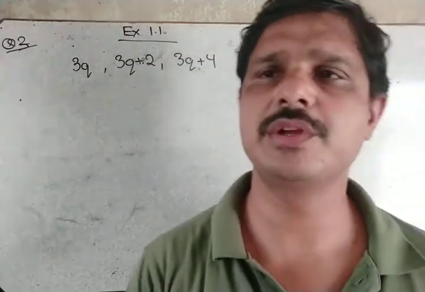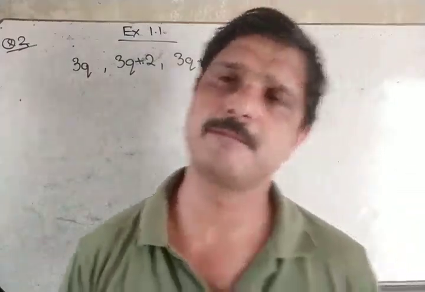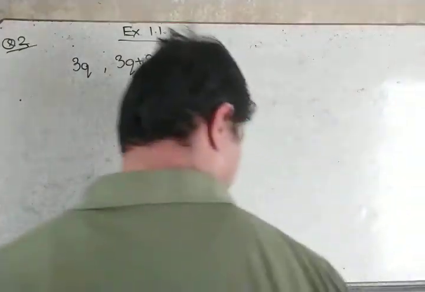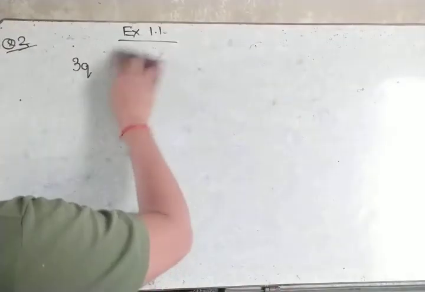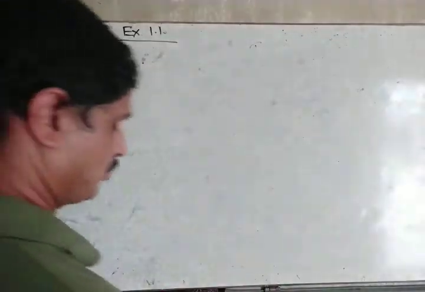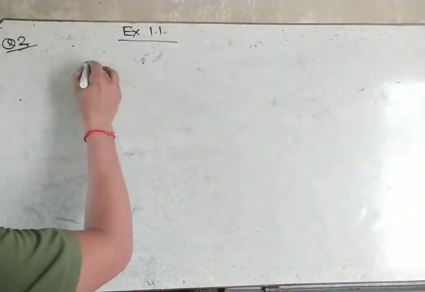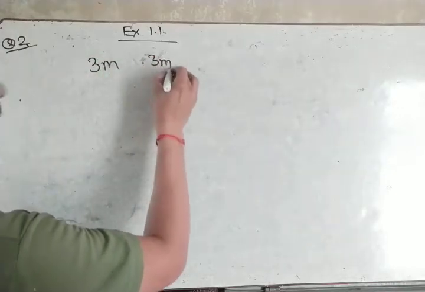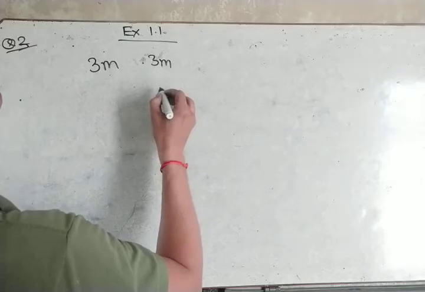I think I have the wrong question. The square is of the type 3m and 3m plus 1.